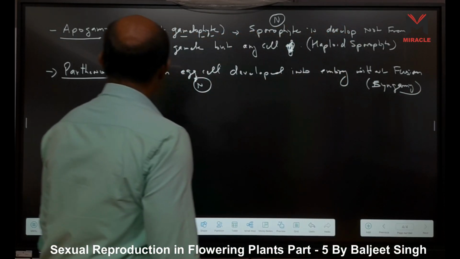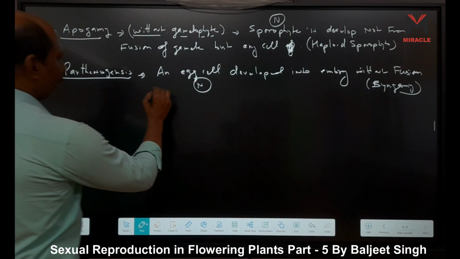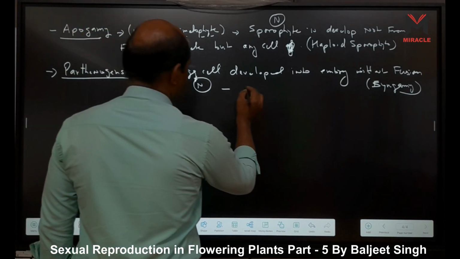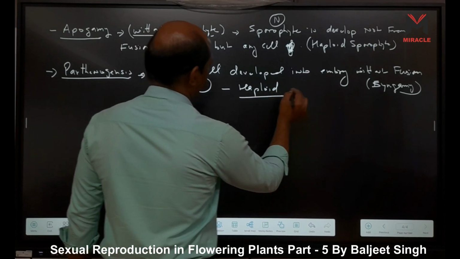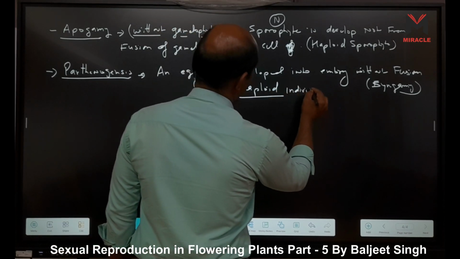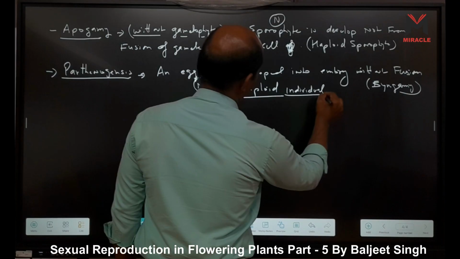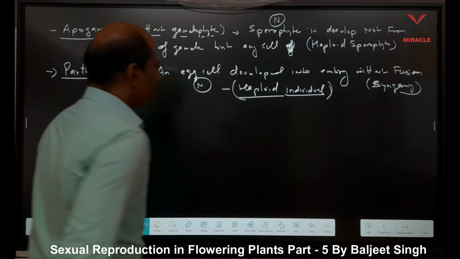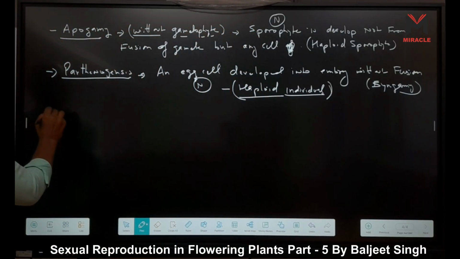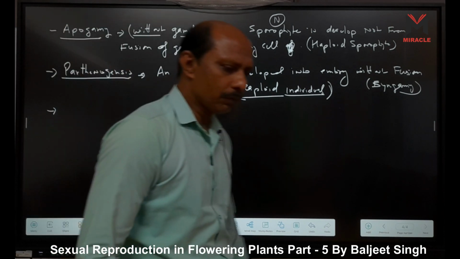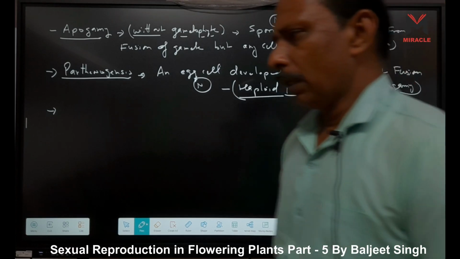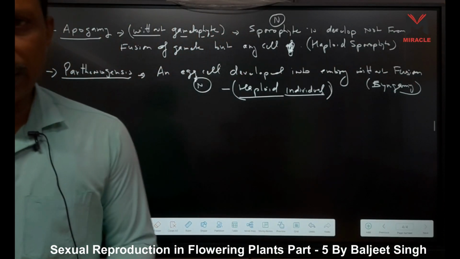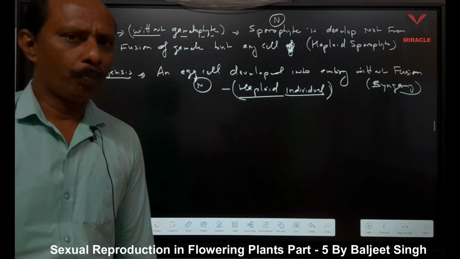Then this is called parthenogenesis. Here a haploid individual is formed. Parthenocarpy, I did not write here. A seedless fruit is called parthenocarpy, and parthenocarpy is useless for fruits in which the seed is edible, as for example in pomegranate.